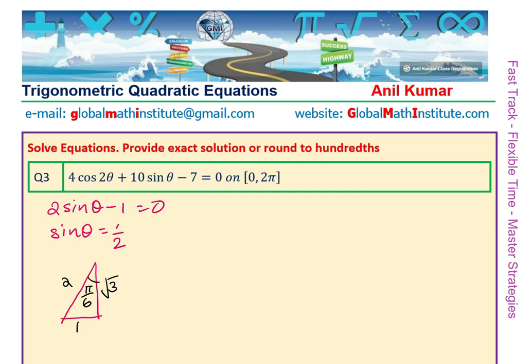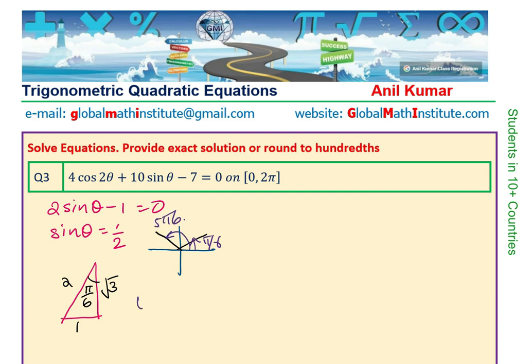Half means we are looking for a positive value, so the solutions will lie in quadrant 1 and 2. One of the solutions is pi by 6. The other one is 5 pi by 6. So here theta equals pi by 6 and 5 pi by 6.